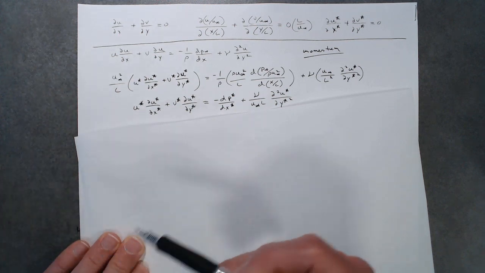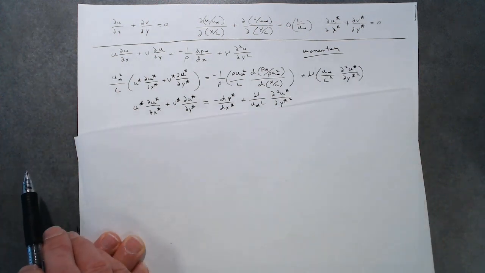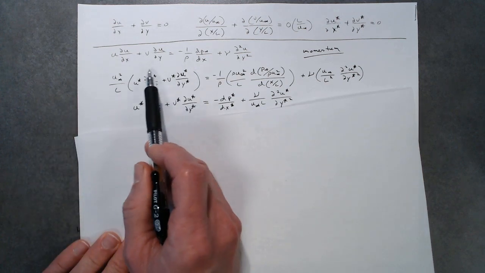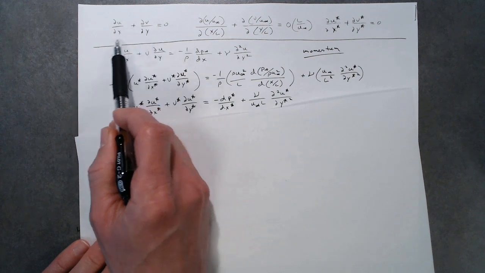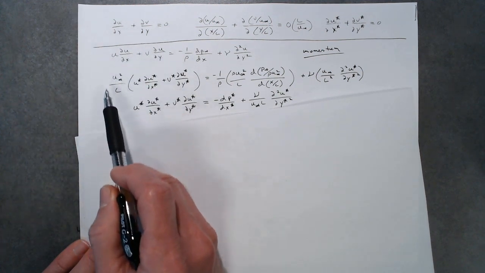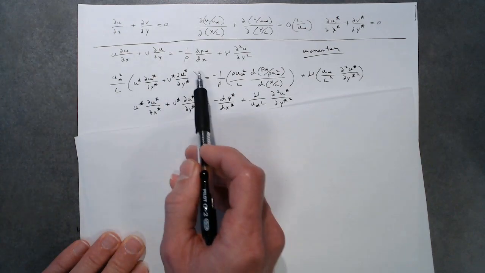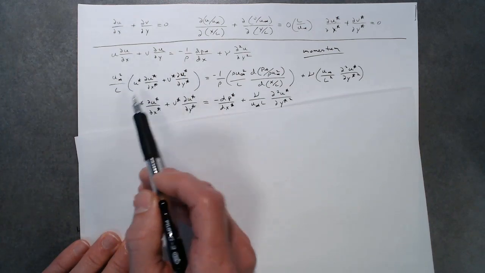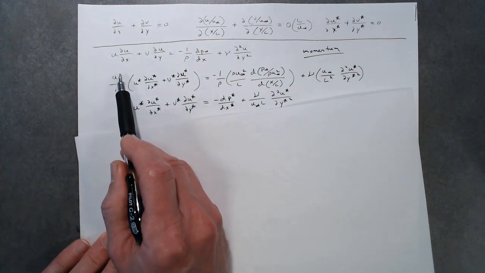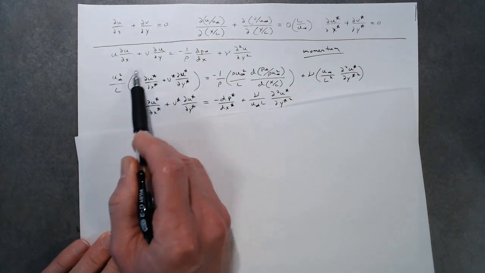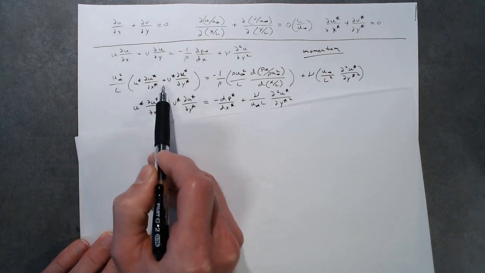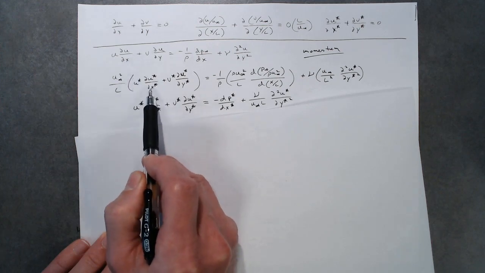Now, if we look at the momentum conservation equation, we can convince ourselves that we could rewrite, at least the advection terms, the advection of momentum in the x direction, in terms of the non-dimensionalized variables that we've previously defined. If we multiply this written in the non-dimensional form times u infinity squared over L, we convince ourselves that these two terms are equal.